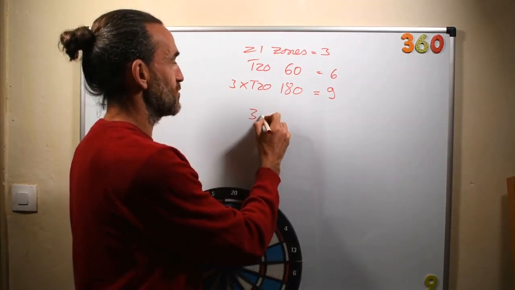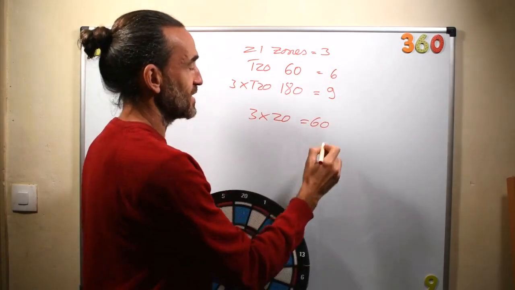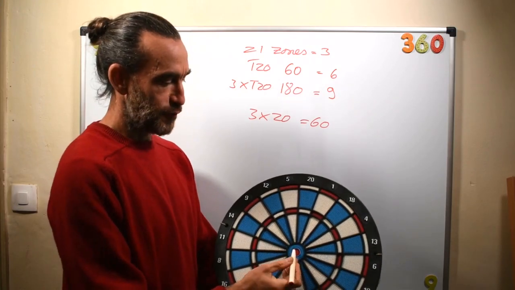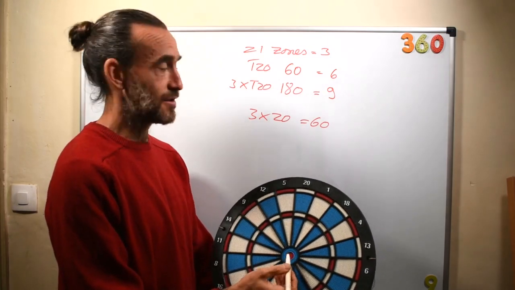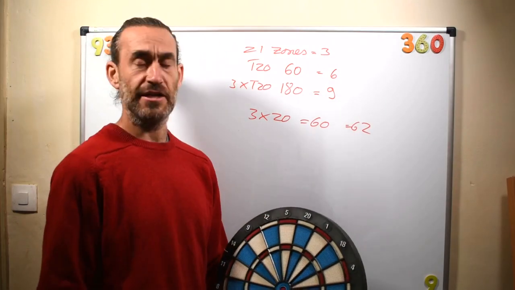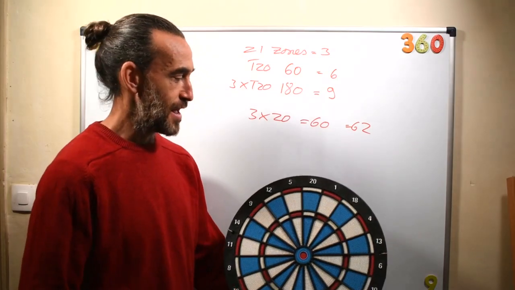So there's 3 scoring zones in each of the 20 segments, which gives us 60 scoring zones in total. Of course, if we add in the middle two, that would give us a number of 62, which in terms of the 369 concept is not very satisfactory.